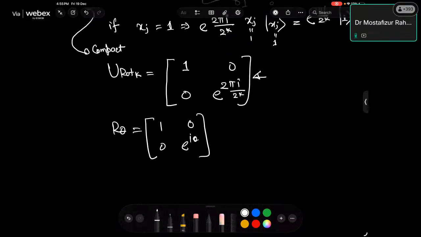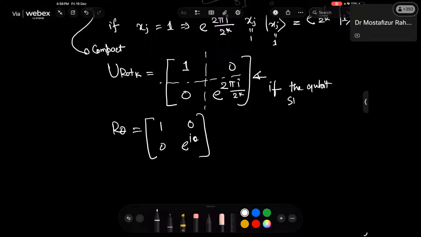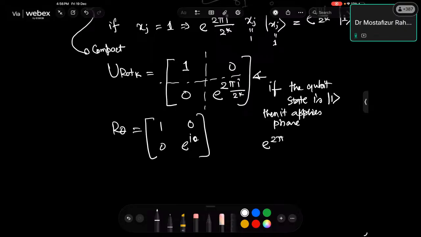So what this means, if I look at this particular equation, if the qubit state is ket 1, then it applies a phase e^(2πi/2^k) to that particular qubit, that state ket 1.